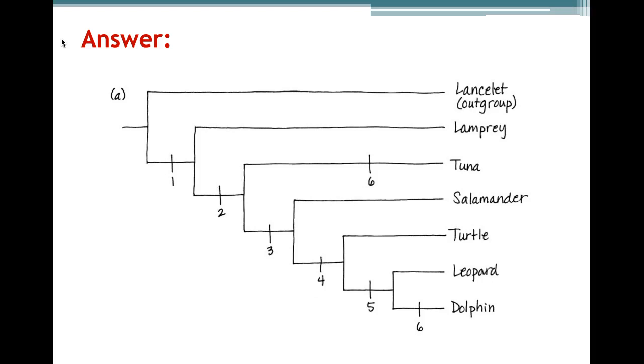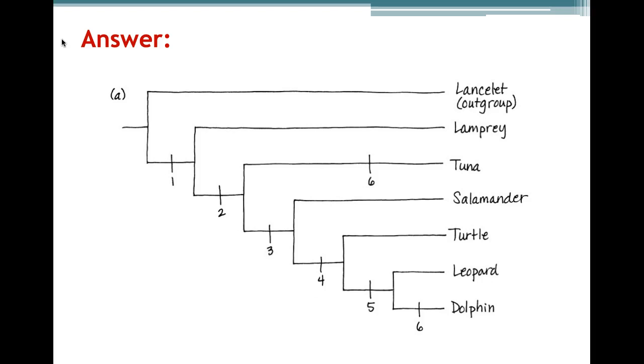So the tuna has a backbone. Again, everything else, that's the ancestral trait. All the organisms minus the outgroup has a backbone in it. Then we have a hinged jaw. So tuna, everything else minus the lamprey and the outgroup has a hinged jaw.